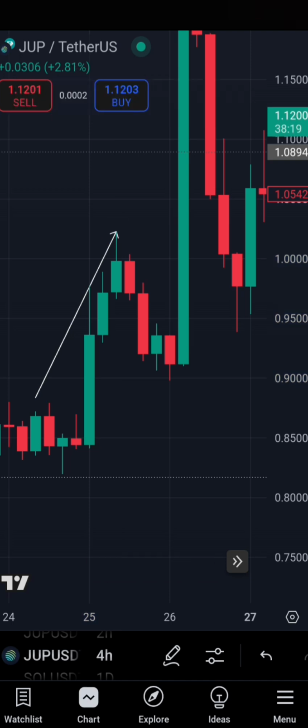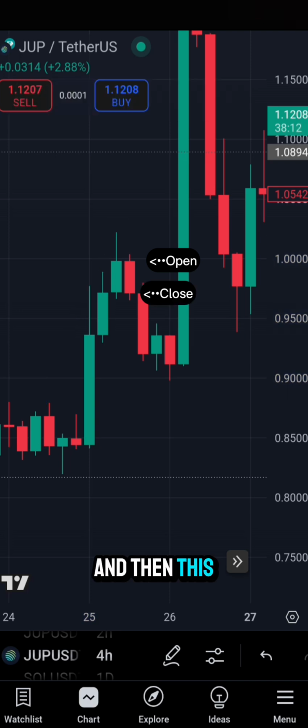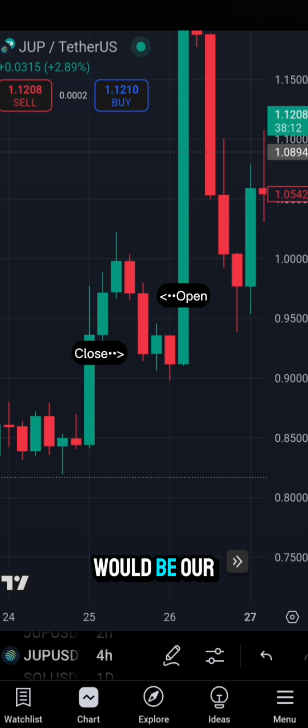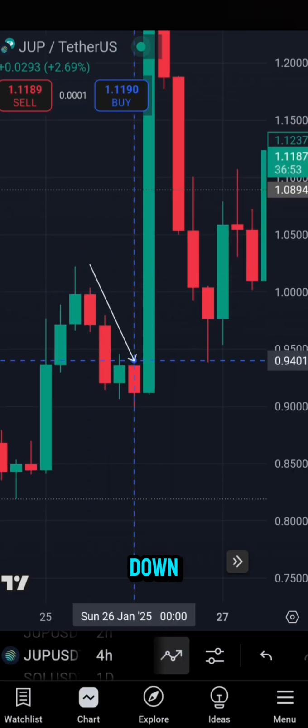Now let's go to these other two series of the red candle. For the red candle, this would be the open, right? And then this would be the close, because we said the close of the red candle is always below the open. Then on the next one, this would be our open, and this would be our close, right? And looking at these two consecutive red candles, you will tell that the price has been moving down.